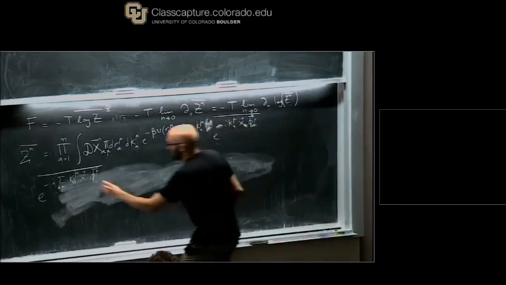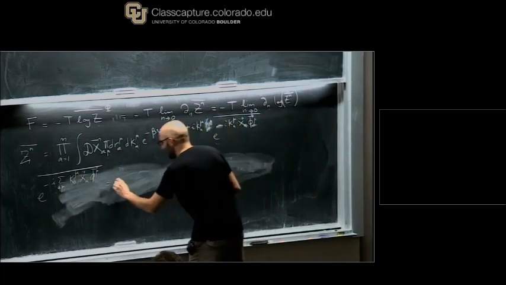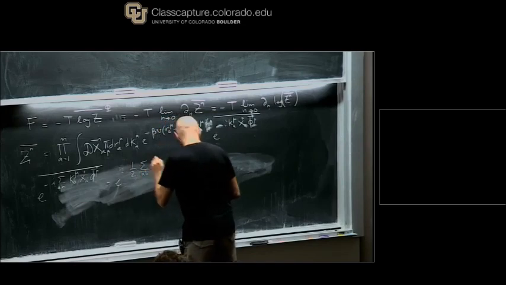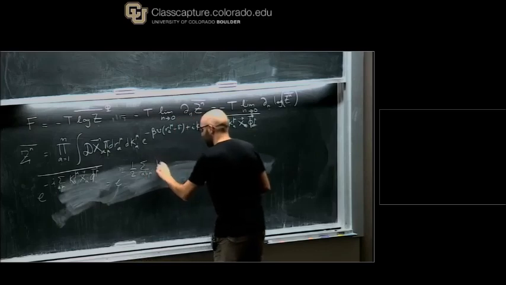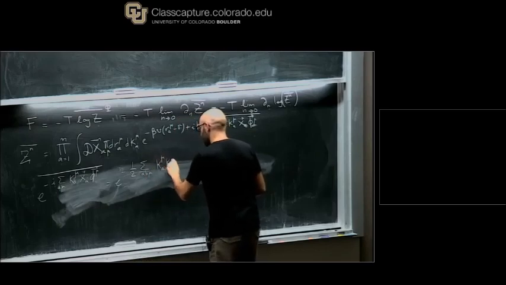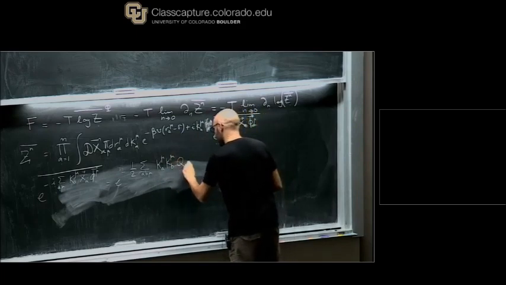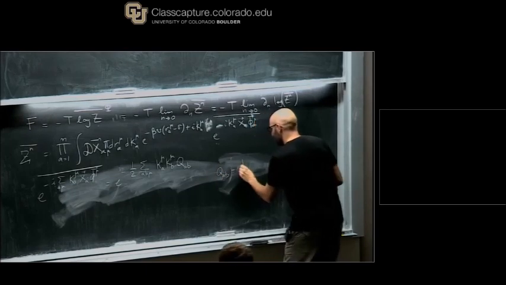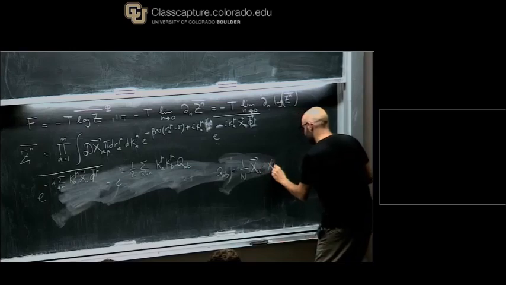And this is going to be exponential of minus 1/2 sum over a, b and mu of k_a mu k_b mu times q_ab, where q_ab is 1 over n x_a dot x_b.